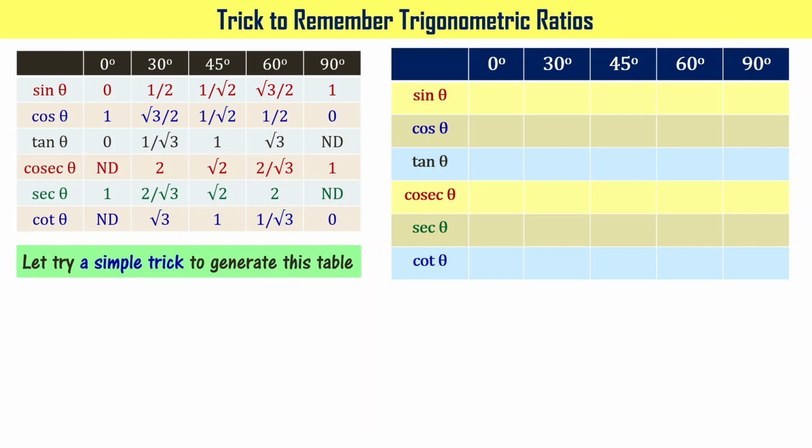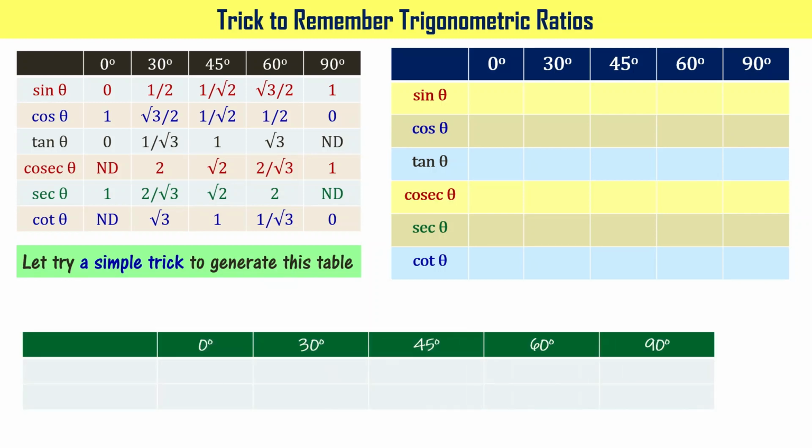Now, let me draw another small table at the bottom that has 0 degrees, 30 degrees, 45 degrees, 60 degrees and 90 degrees, right? In that table, from 0 degrees to 90 degrees in the first row, I'm writing 0, 1, 2, 3, 4.